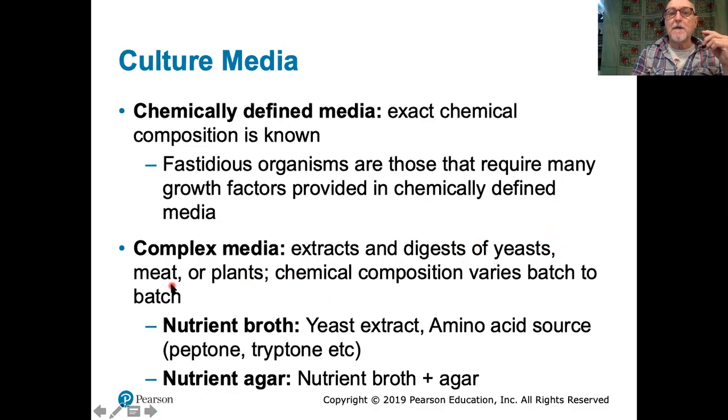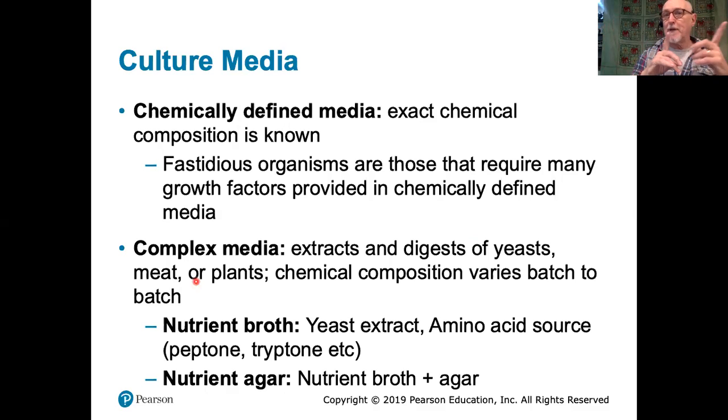That protein can be from meat, sometimes from plants, like soy protein is often used. And all that happens is that they will take that source of protein and enzymatically digest it. And often the name gives you an idea about how it was prepared. You will often see, for example, that we include peptone.